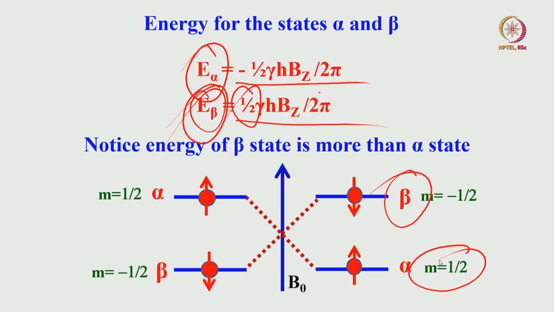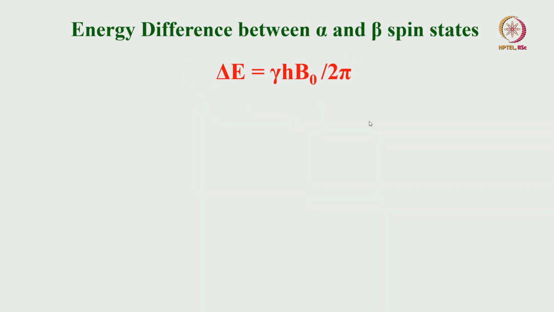This is what is going to happen as soon as you put the spins in the magnetic field. This is the energy of each of these two spin states, E alpha and E beta. When I calculate the energy of each of these two states, I can calculate the difference in the energy, delta E. It is a simple equation you can calculate from the previous equations.